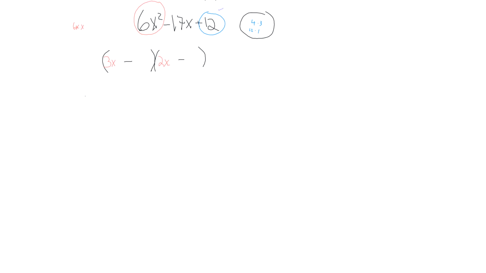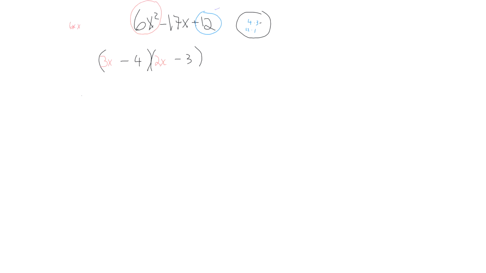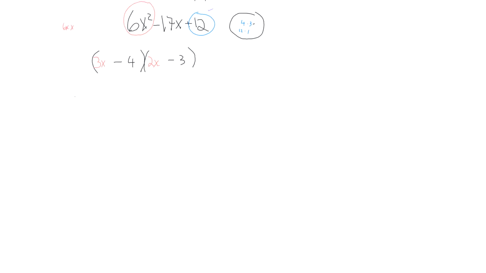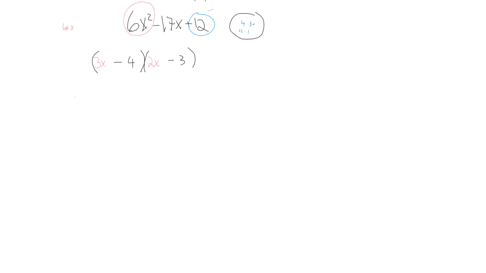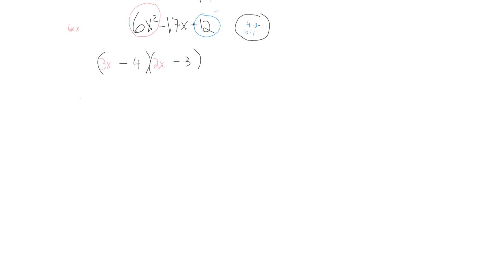I keep them on the side. I'm going to try 4 and 3 in this order. I just randomly pick 4 and 3 and see what happens. My first product's still going to be the same, so I didn't even change those. I know that 4 and 3 is 12, so I'm good there. Now I'm going to check my middles.